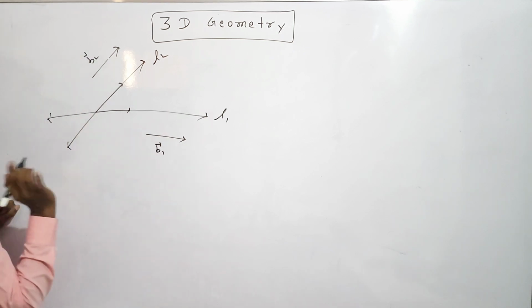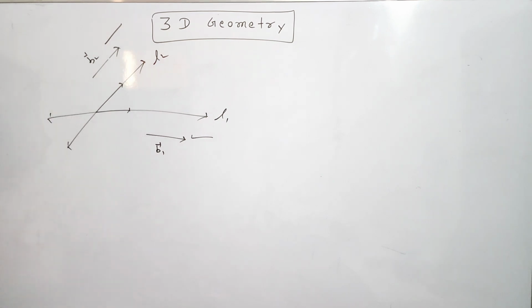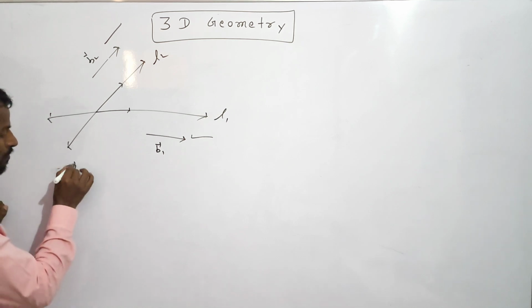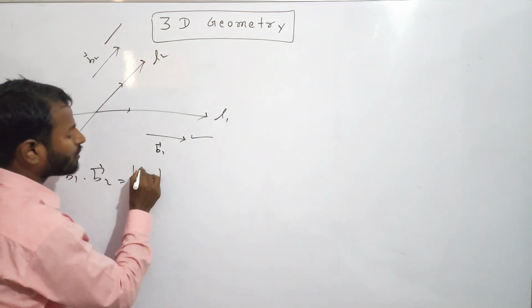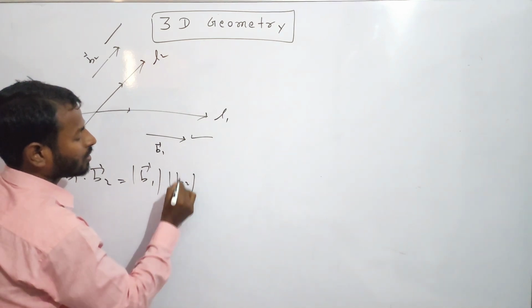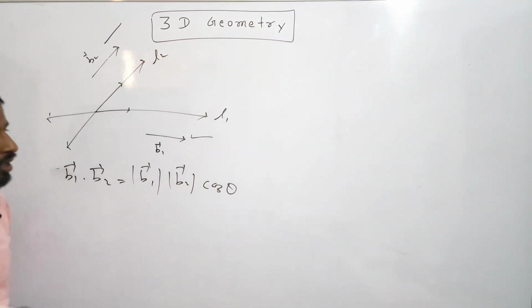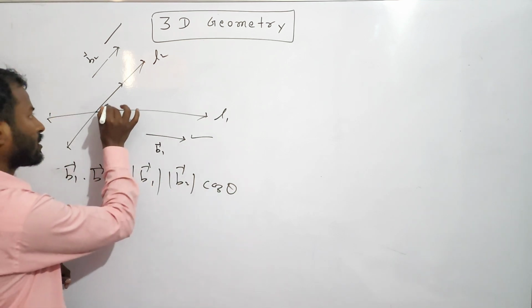And you know already, whenever we have to find the angle between two vectors, generally we use the dot product. b1 dot b2 is equal to the magnitude of b1 times the magnitude of b2 times cos theta, where theta is the angle between these two vectors.